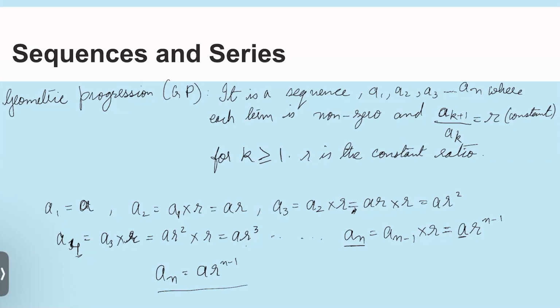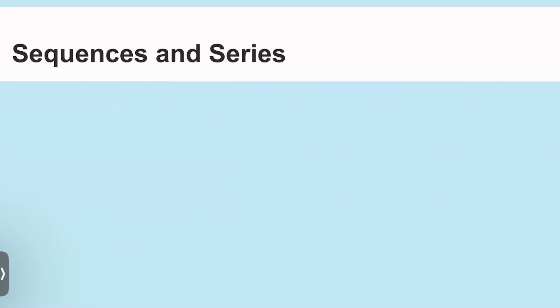Okay, so let's take a small example to find your AN. Suppose you have 1 upon 9, 1 upon 27, 1 upon 81, and so on.